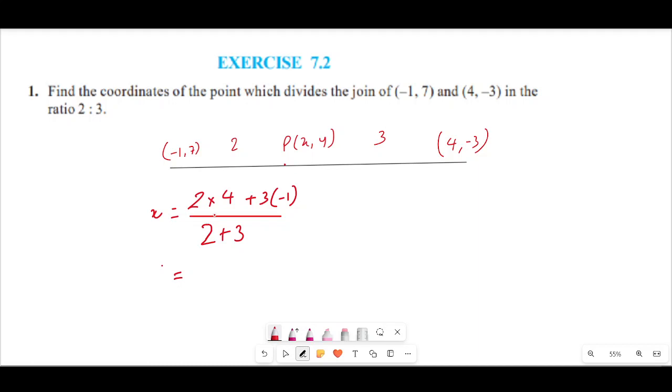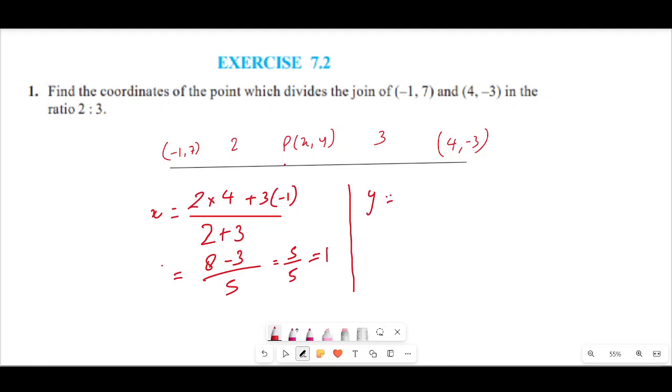Then 2 times 4 is 8 minus 3 upon 5. That means 5 upon 5, which is 1. This is the value of x.